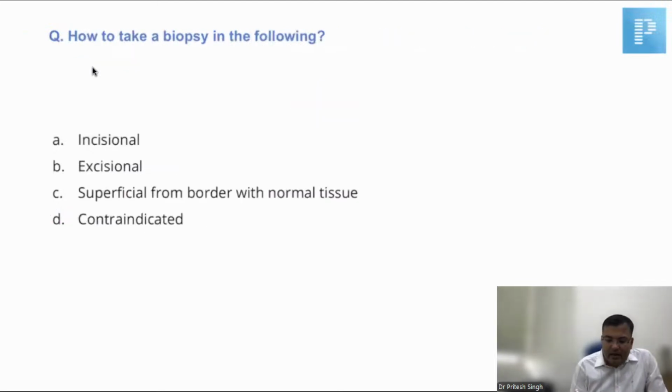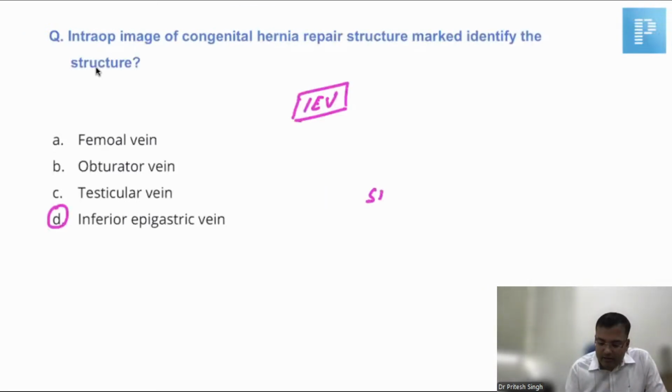Okay, next. How to take biopsy in the following? What was the problem in the patient? What was the diagnosis, guys? Anybody remembers? Okay, Amrit wants to say that, sir, there was spermatic cord.